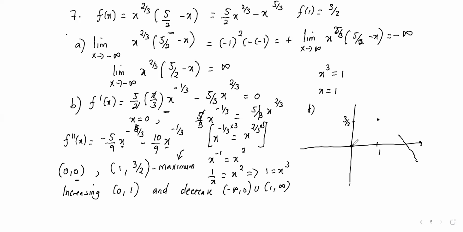So I'll have this. At 0, it will make a sharp turn. That's why the name becomes difficult. It's not a saddle. It's not a minimum per se, because if it was a minimum, the second derivative was supposed to be positive. So this is where the test is inconclusive.